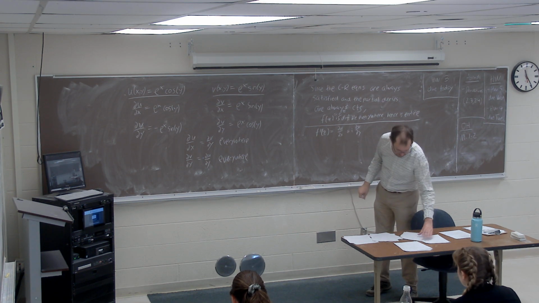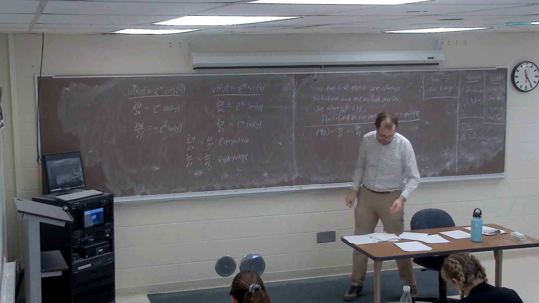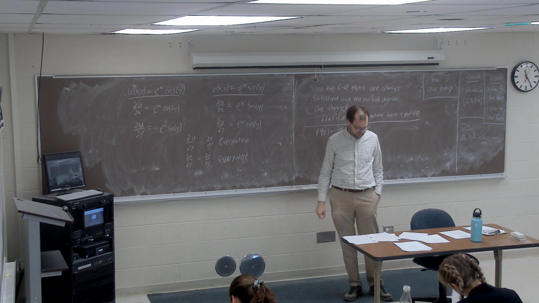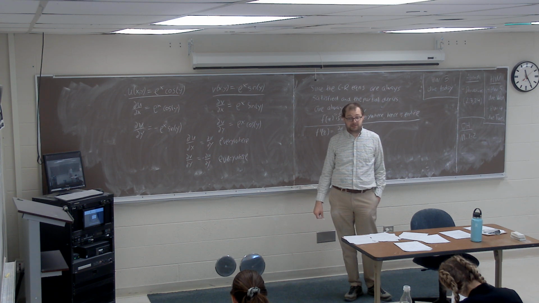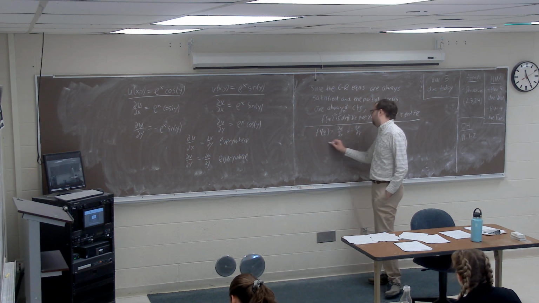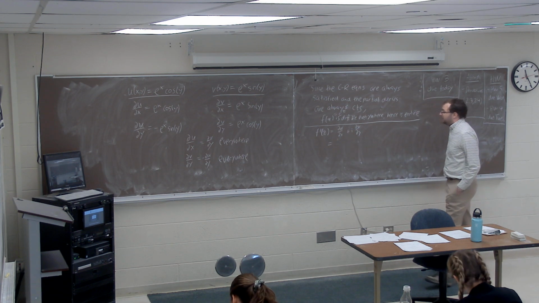If you go back to the Cauchy-Riemann equations, you could also do negative i times del u del y plus del v del y, which would give you the same result. In fact, those being equal is what gave us the Cauchy-Riemann equations.